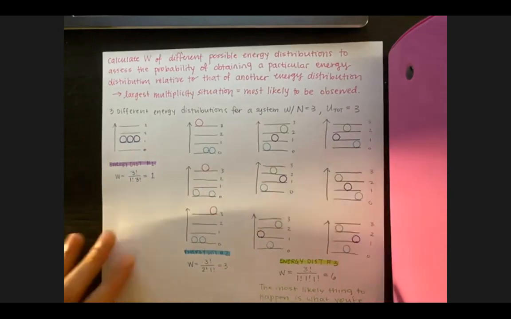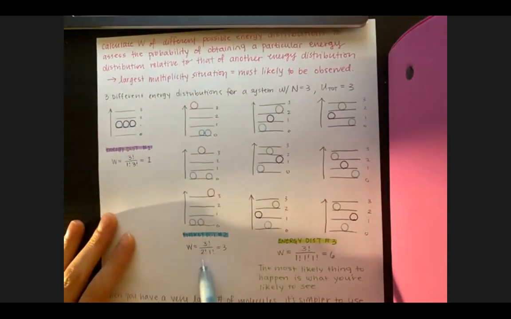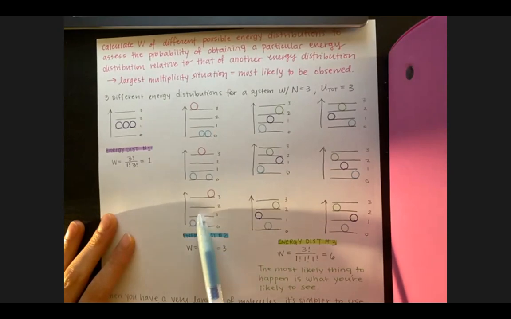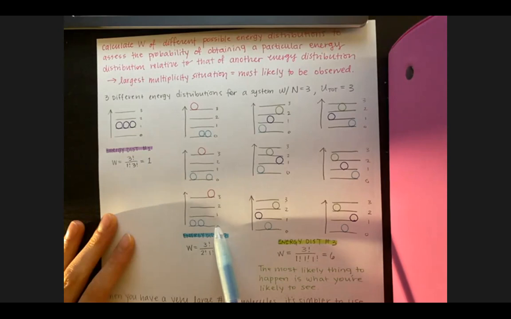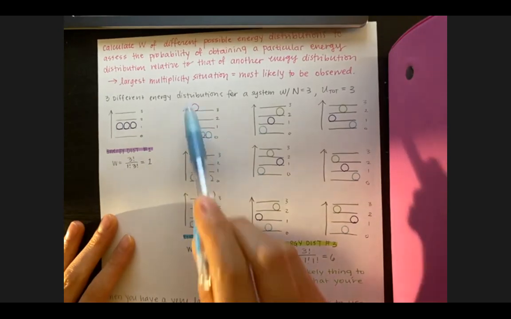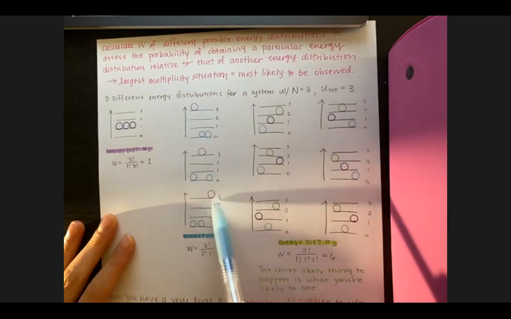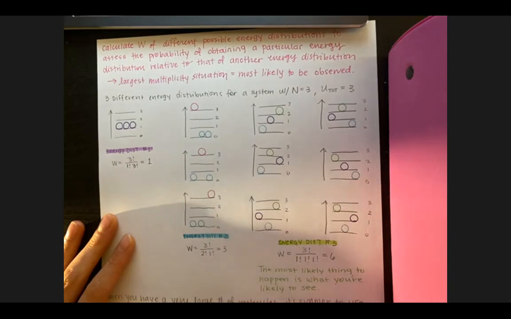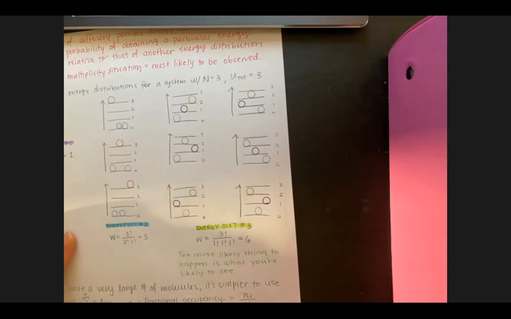If we have a different configuration with a multiplicity of 3, because you can have 2 molecules in the 0 energy level, but you have 3 ways to choose the molecule that's going to have 3 units of energy. And over here, you have 6 different possibilities because you have the 3 molecules and 3 different energy levels.